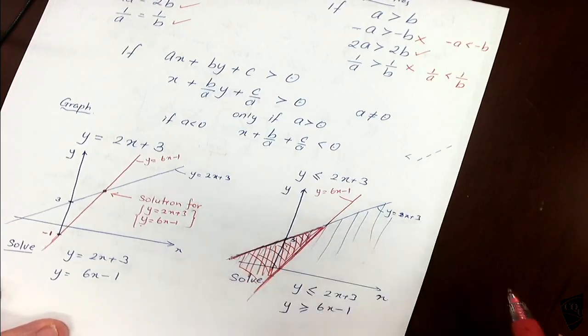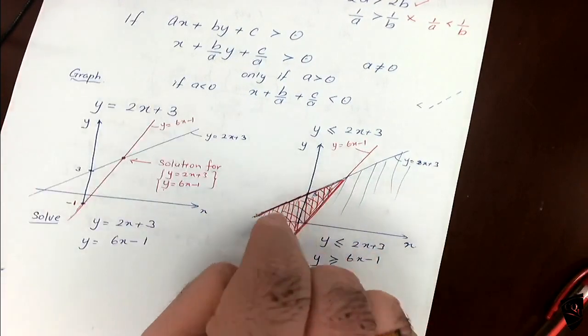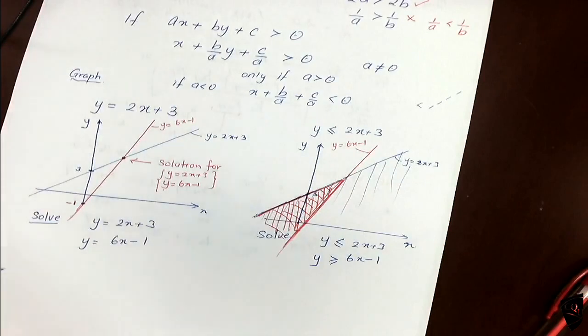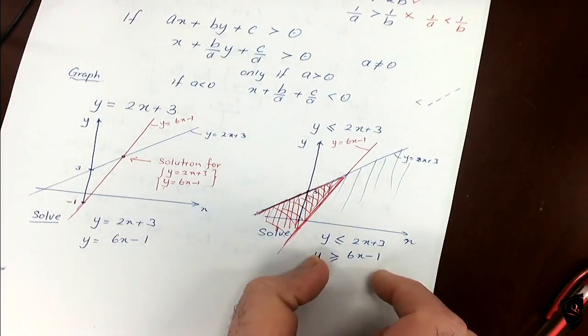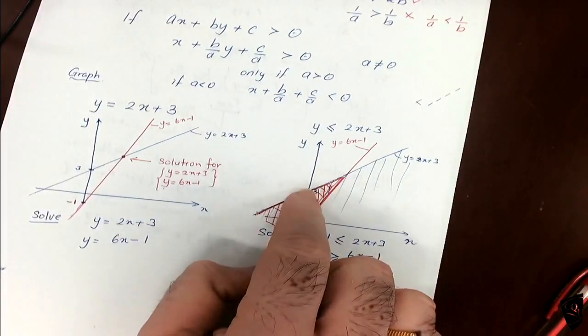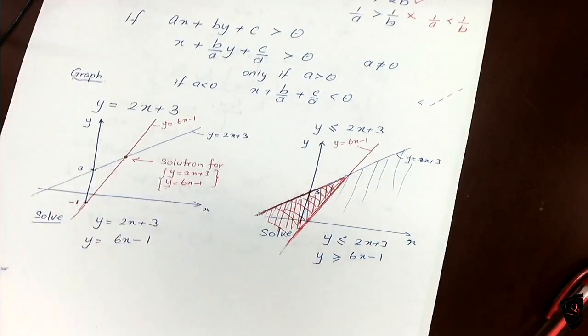So again, you'll have an area for the solution. Any point within this area will satisfy this. The solution for two inequalities will give an area. The solution for two equations will give a point, or maybe a couple of points if it is second order, third order, whatever.